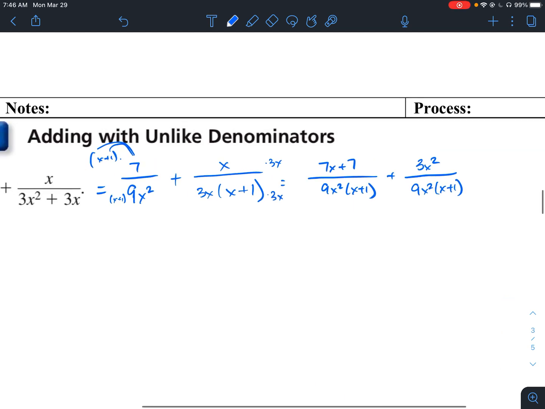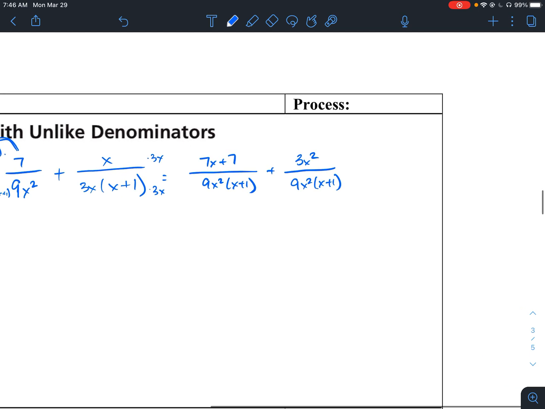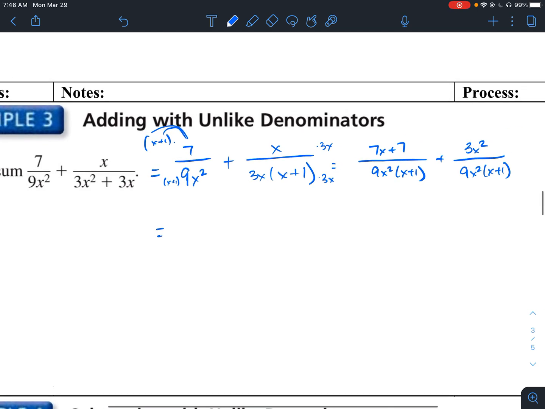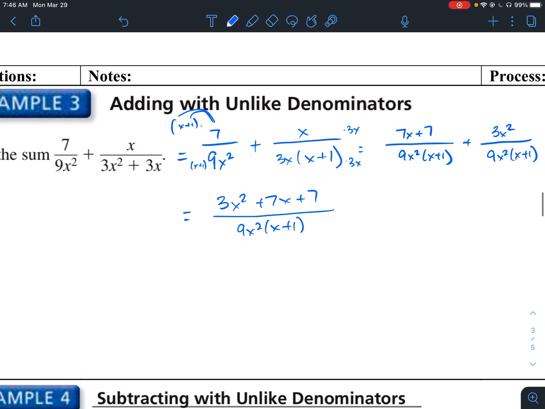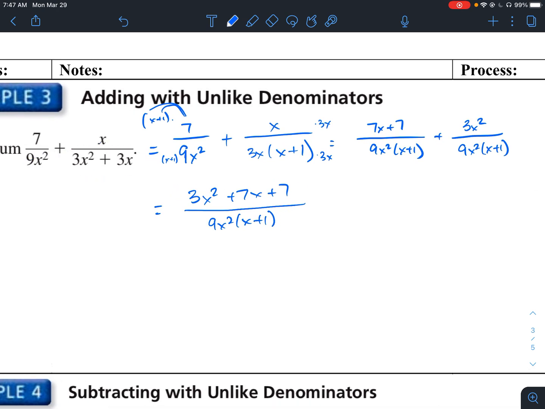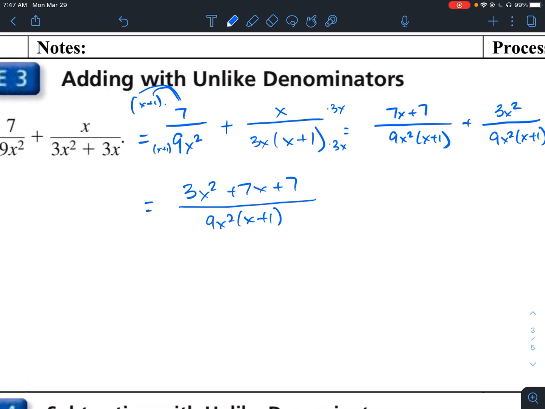So now I can add the numerators together. This right here is a quadratic, so I want to write it in standard form. So 3x squared plus 7x plus 7 divided by 9x squared and x plus 1, because now I can get rid of the double, I guess you could say, rational expression, and put it into one rational expression.